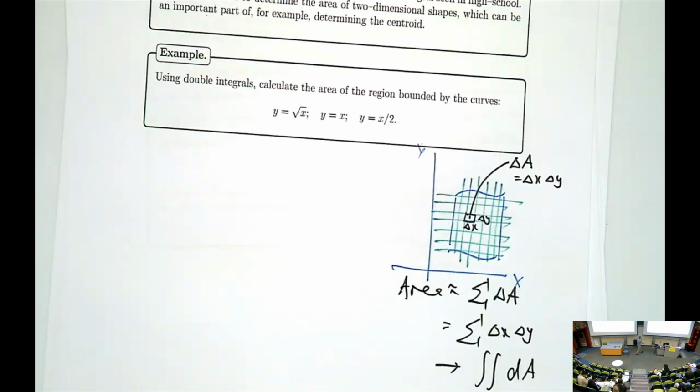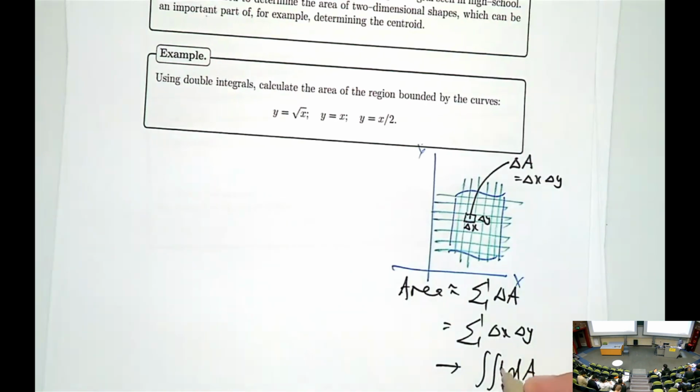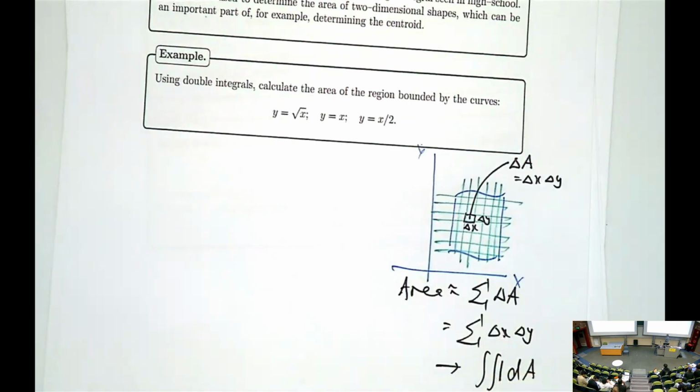If you want to give it a little more meaning for what you've already learned, you can say the function here is just the constant function 1. So in the limit, your little rectangles get really small, you add them all up, and whatever value you get, assuming it exists, is the area of that weird shape. That's Riemann sums again, right?